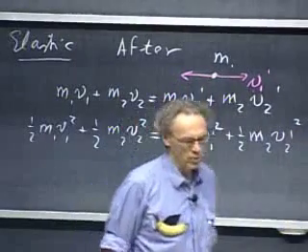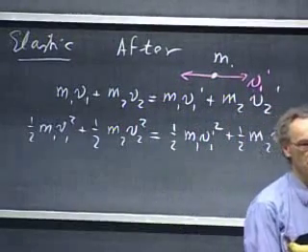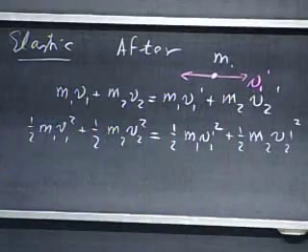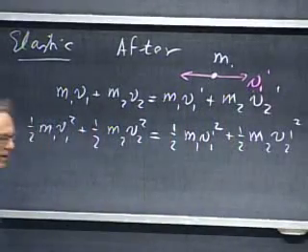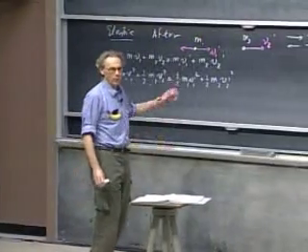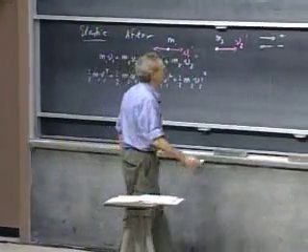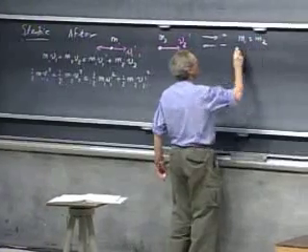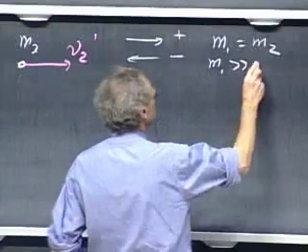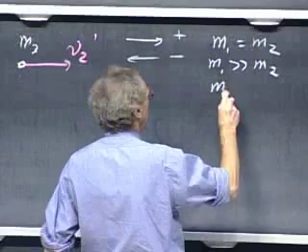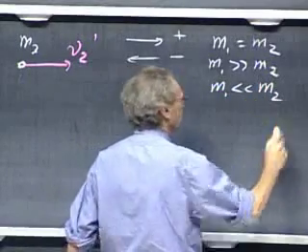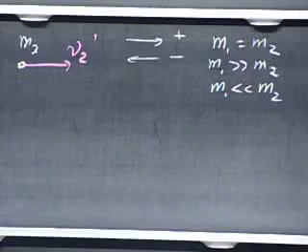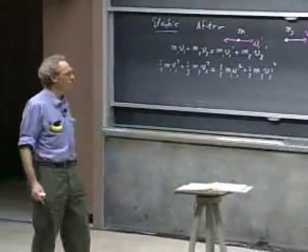Two equations with two unknowns, and in principle you can solve for v1 prime and for v2 prime, except that it could be time consuming. And so on exams, normally you get a problem whereby either m1 is made m2, or m1 is much, much larger than m2, or m1 is much, much smaller than m2. Like banging a basketball onto a ping pong ball or a ping pong ball onto a basketball.